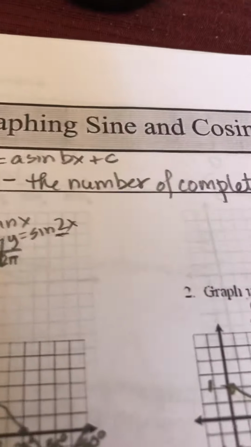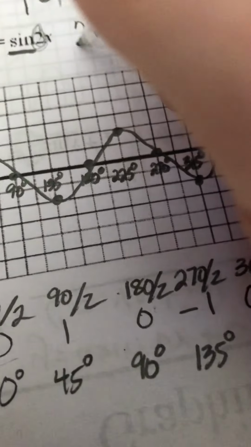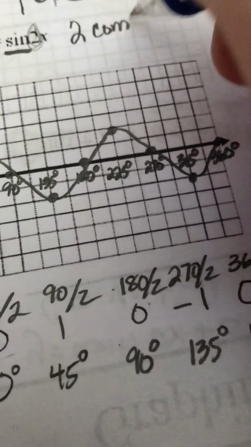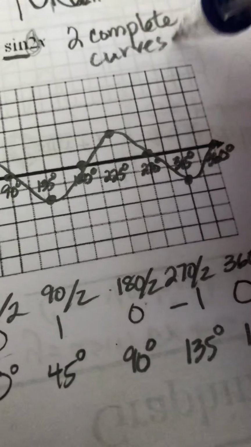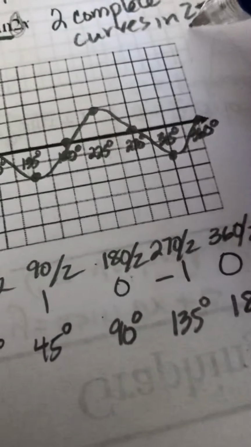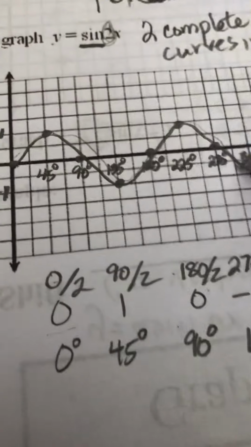Now remember, the definition is the number of complete curves in 2 pi, or 360 degrees. So if you look at y equals sine 2x, it means we should have 2 complete sine graphs in 2 pi, or in 360. And is that what we have? Well, let's see. We have 1 and then 2 in 360.